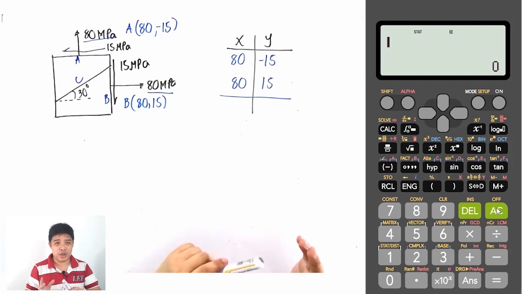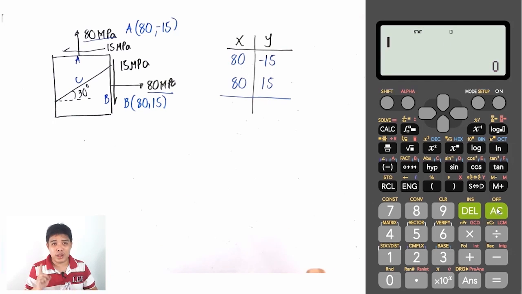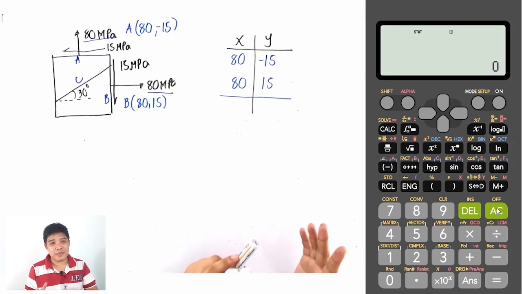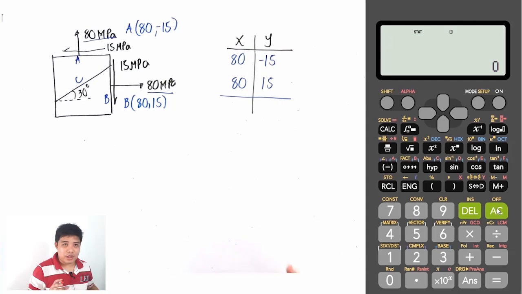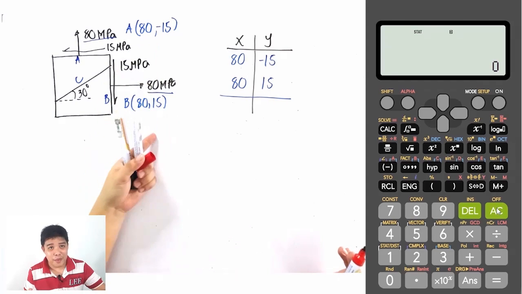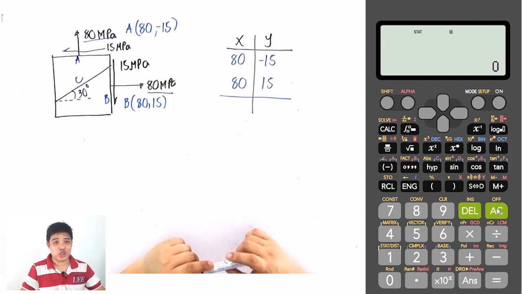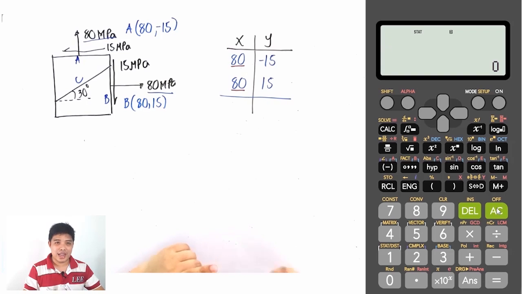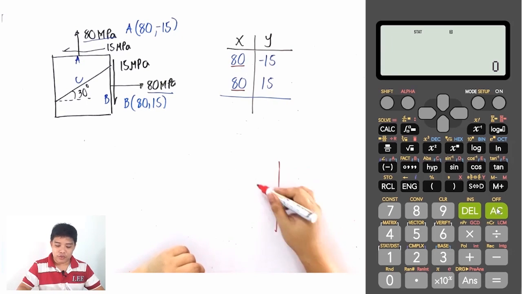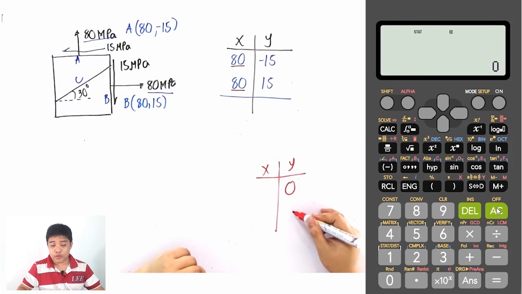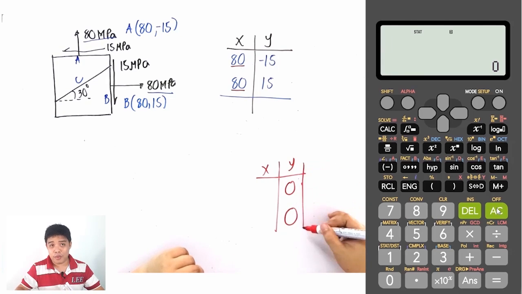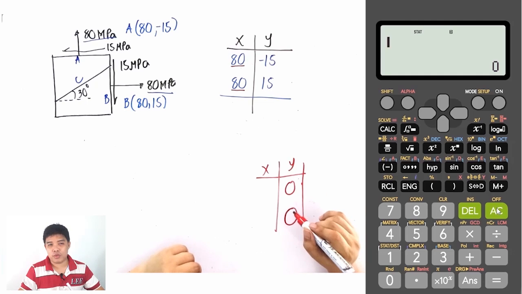But this is the issue here. If you want to get the stress on any plane at any orientation, this is the first problem. Since both of them are positive 80, you cannot choose which of them is the reference plane. Moreover, if you try to use the R in the regression, that would be an error. So what is the solution here? Like in the case of the problem in which both of the entries in the Y column are 0, we just put a very small increment.